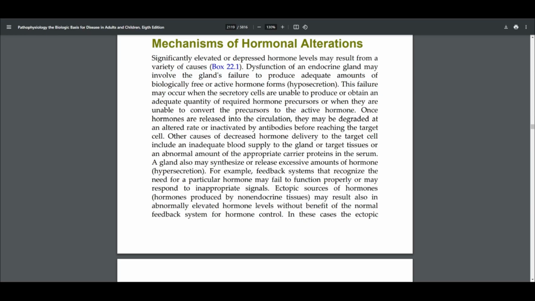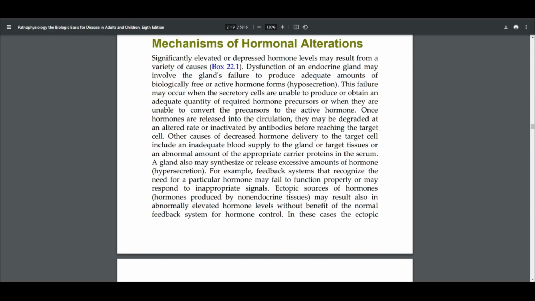A gland also may synthesize or release excessive amounts of hormone, hypersecretion. For example, feedback systems that recognize the need for a particular hormone may fail to function properly or may respond to inappropriate signals. Ectopic sources of hormones may result also in abnormally elevated hormone levels without benefit of the normal feedback system for hormonal control.